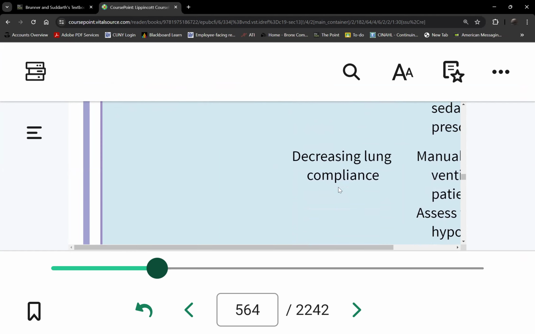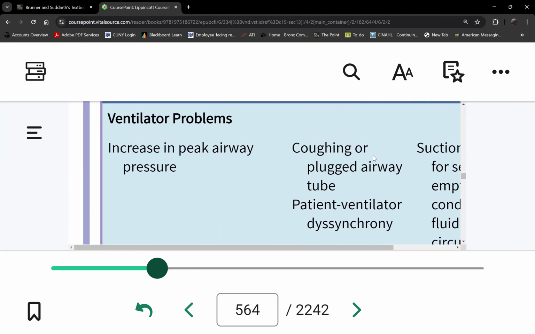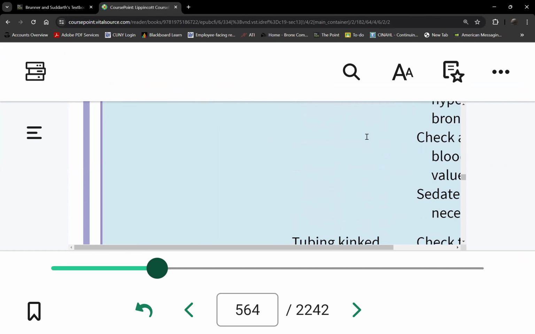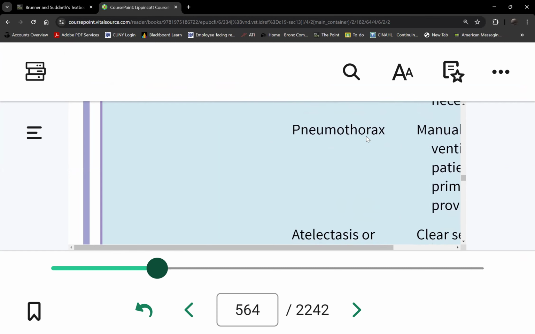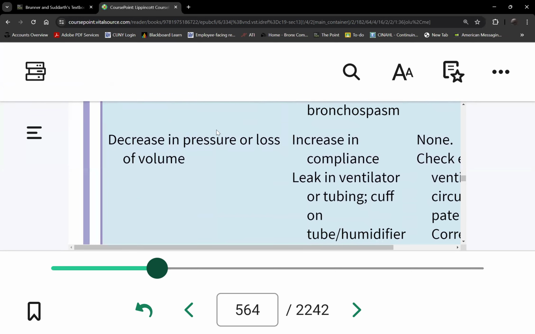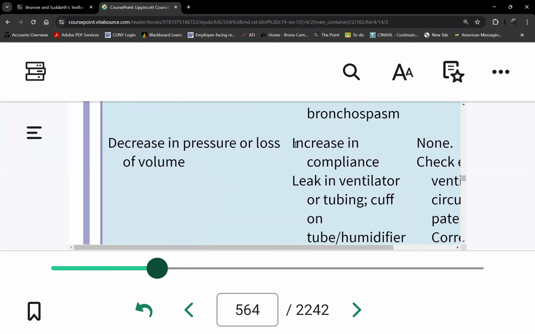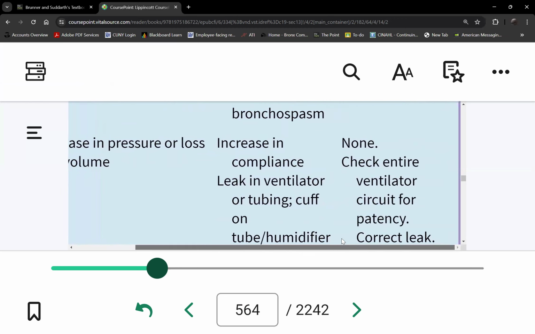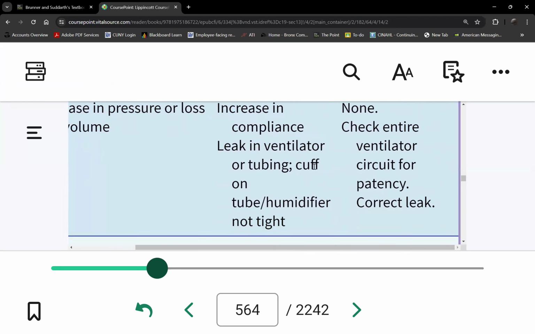Okay. So I already mentioned these are the causes: either you have secretions or decreased lung compliance, or a tubing kink. Now, a decrease in pressure will cause a low pressure alarm. The causes of low pressure alarms are the following: increase in compliance, a leak either in the circuit or in the cuff, or the humidifier is loose.